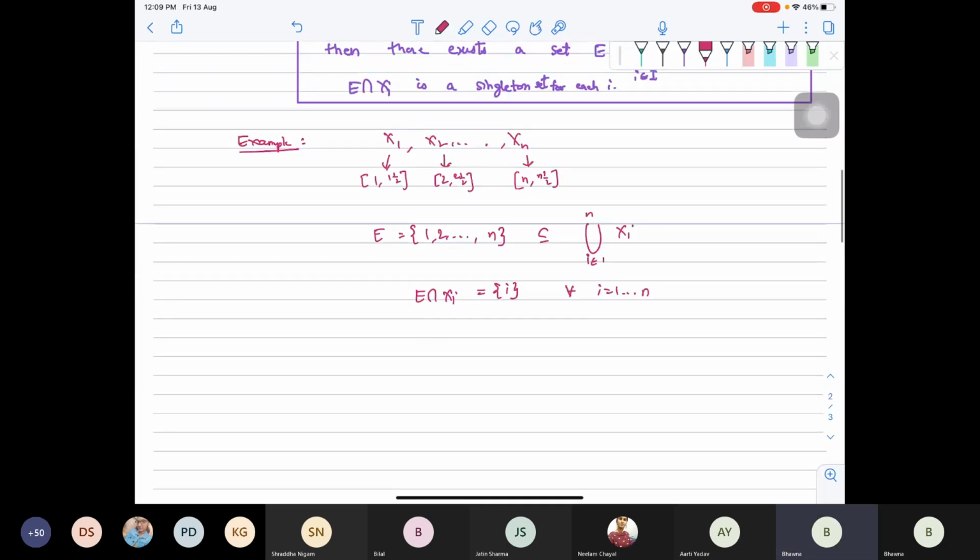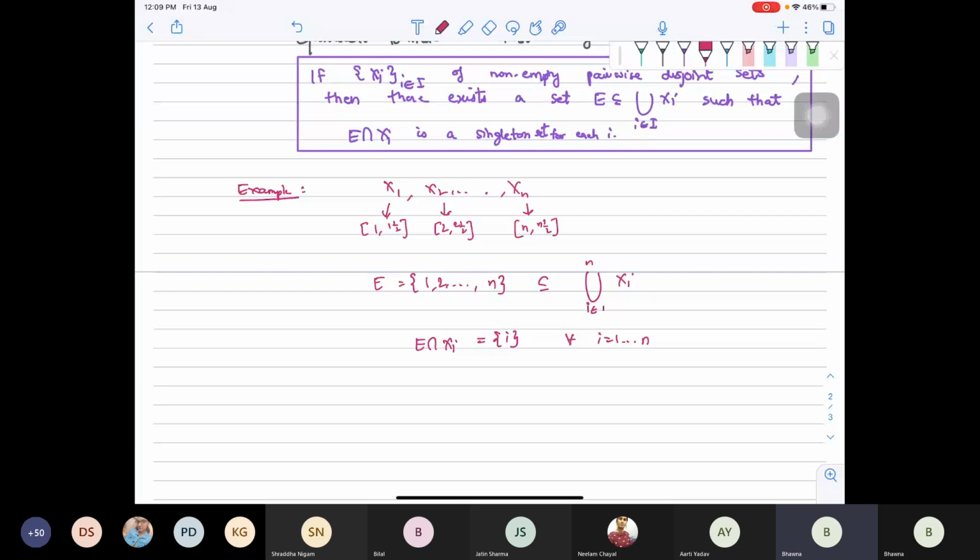We had a finite number of sets. We know that if they are pairwise disjoint, I can just singly pick one element from each and make such a choice. If I make such a choice, picking an element from each of these, then I can choose a subset of the union such that if I intersect with just one set, I'll get a singleton element. Okay, yes, ma'am. Got it.